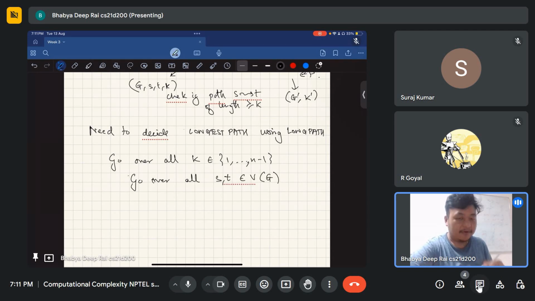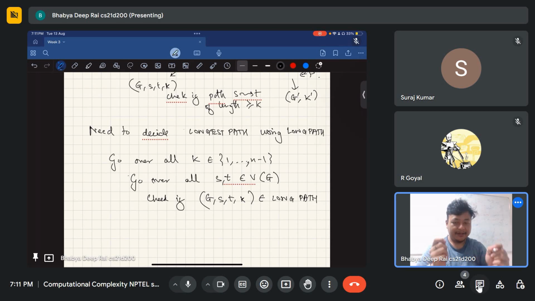Go over all k, go over all S, T, and check if G, S, T, comma k is in long path.